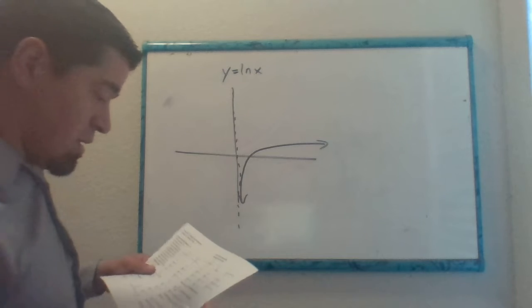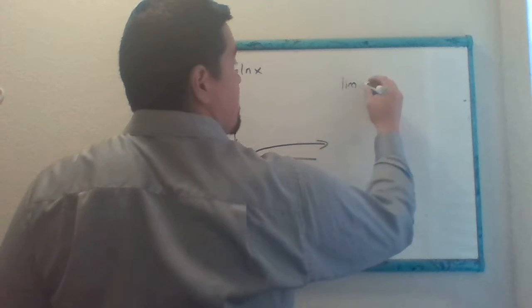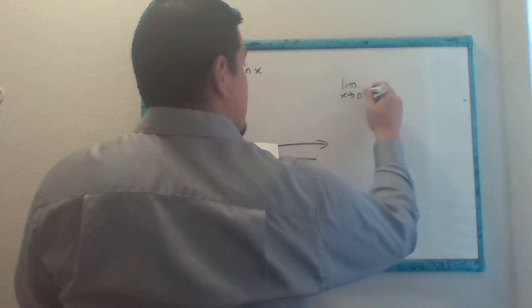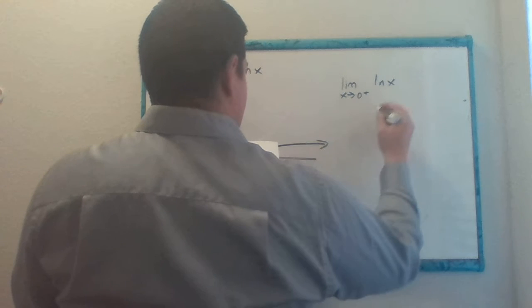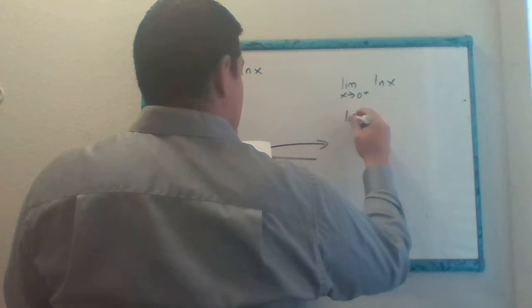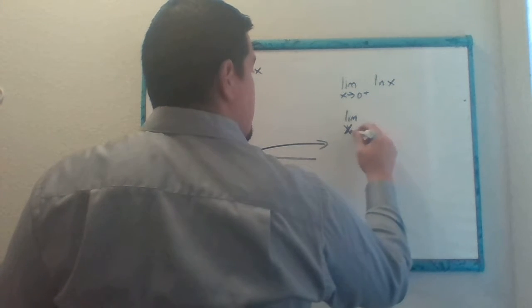But let's look at some questions with this. What's the right-hand limit first, of natural log of x? And what's the limit of natural log of x as x approaches infinity?